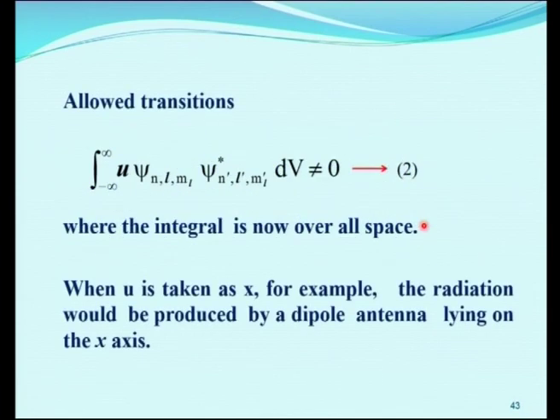The condition for allowed transitions: the integral from minus infinity to plus infinity of u into psi n l ml, psi star n dash l dash ml dash dv, is not equal to 0. If the integral is not equal to 0, that is called an allowed transition, where the integral is over all space.